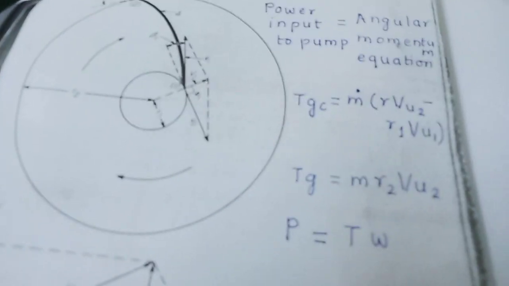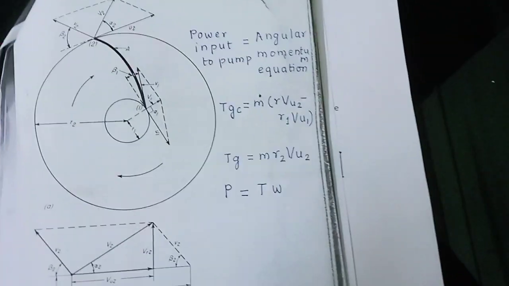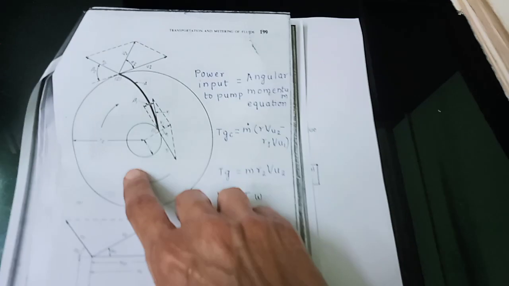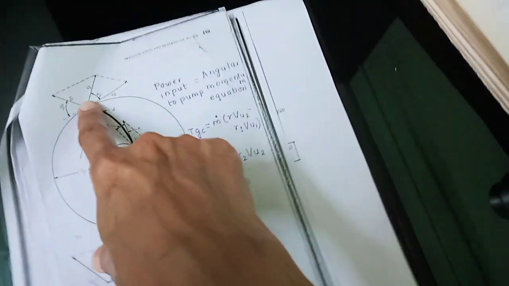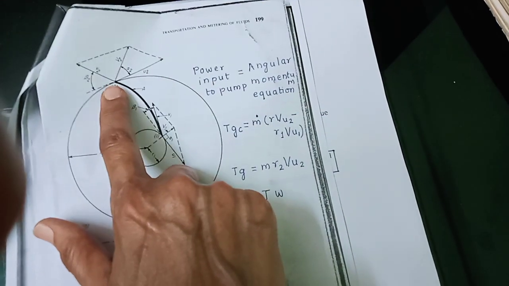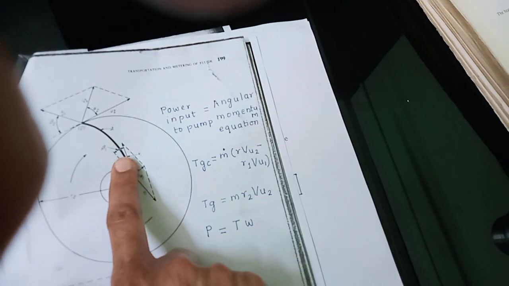Now let us see the power developed by the pump. So this is one of the vanes of the impeller. This is the suction of the pump and this is the impeller, and here the vane angle is important.